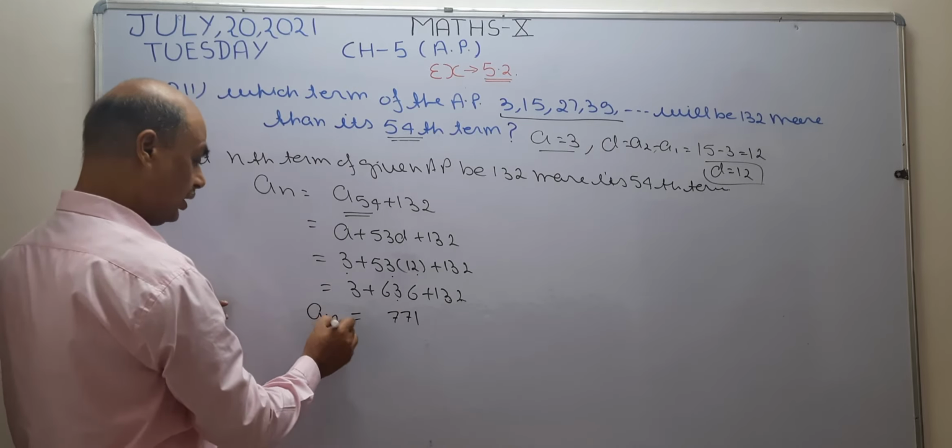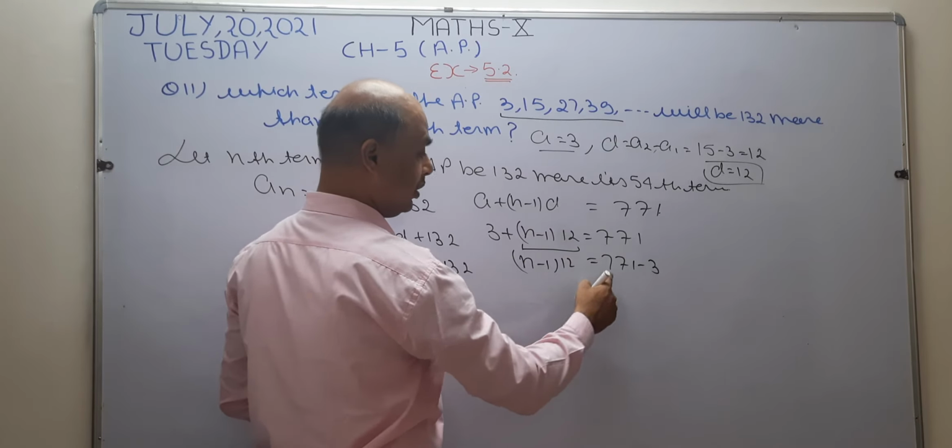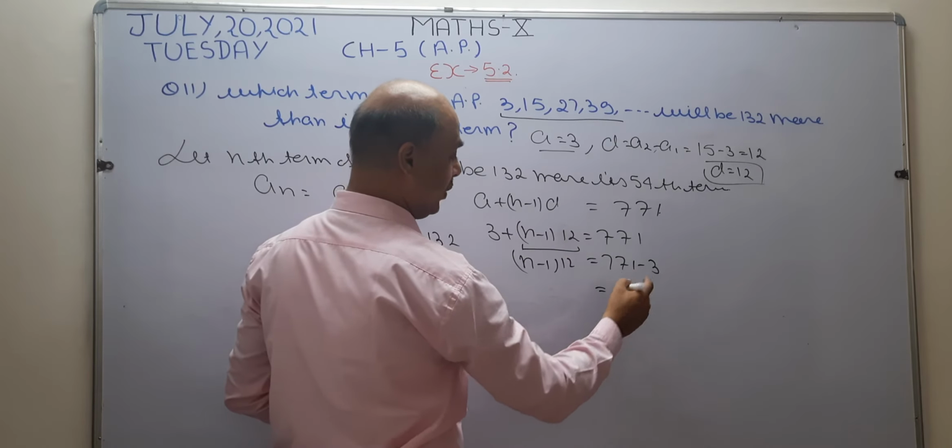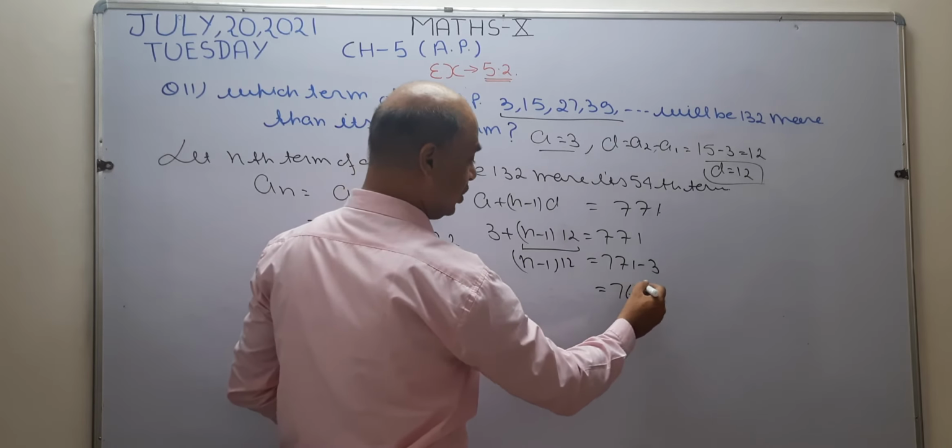So I take this 3 from left to right, so this positive number becomes negative. So what is left? n minus 1 into 12. After subtracting 3, the value becomes 768 equals 12 into n minus 1. This 12 is going to divide this term. 12 6s are 72, 12 4s are 48. So n minus 1 equals 64. The value of n becomes 65.